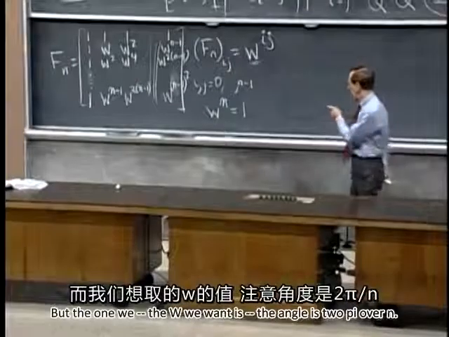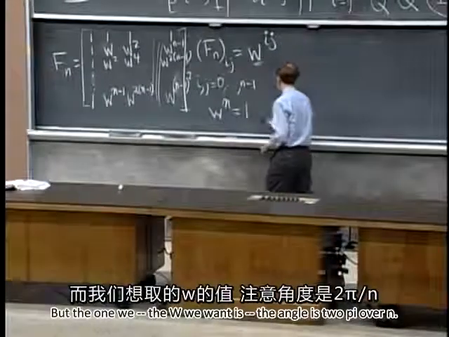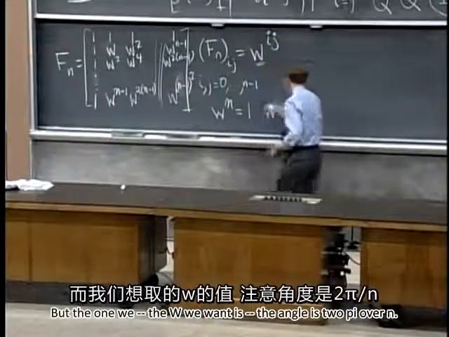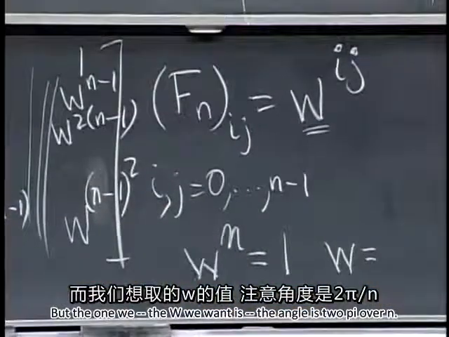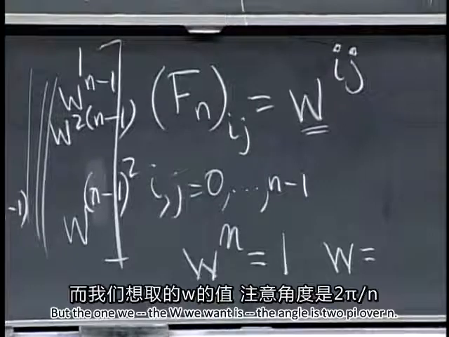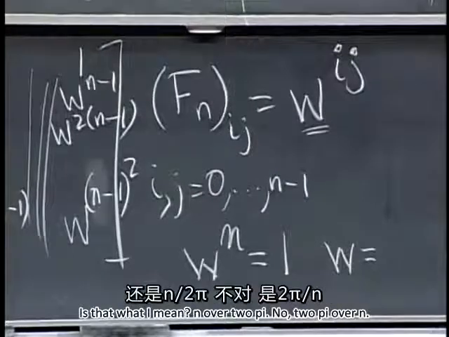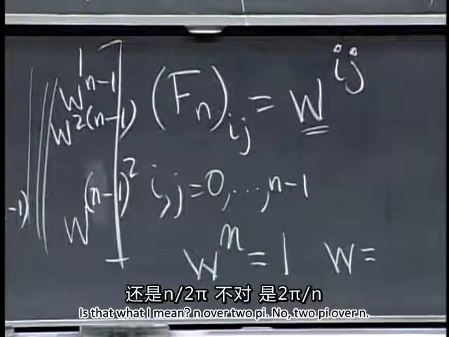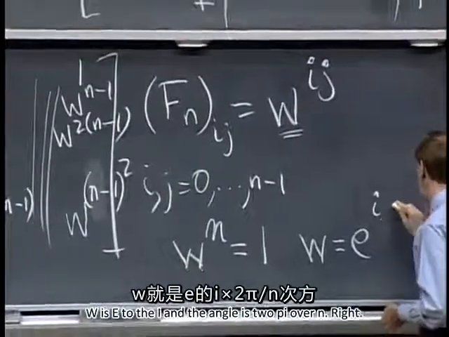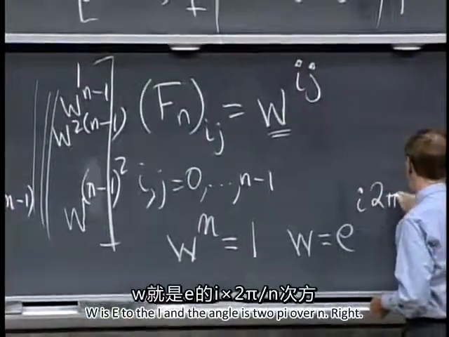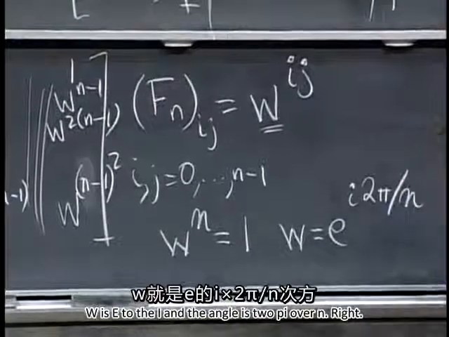But the w we want is the one where the angle is 2 pi over n. Is that what I mean? n over 2 pi? No, 2 pi over n. w is e to the i, and the angle is 2 pi over n.